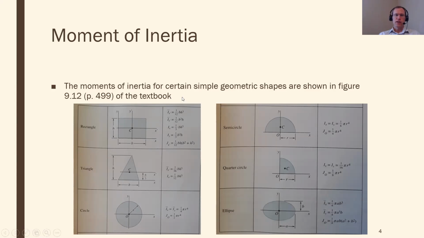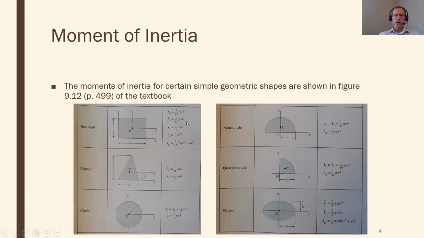So for example, if I'm looking at this rectangle here, it's going to be harder for me to rotate this rectangle about the x-axis than it is about the x prime axis, x prime going through the centroid. Because again, if I'm looking at distance perpendicularly to the x-axis, this is a much bigger distance. And so that being squared gives me much harder rotation around x than around this x prime axis, where there's only half the distance. And so essentially a factor of 4 when I square half the distance.